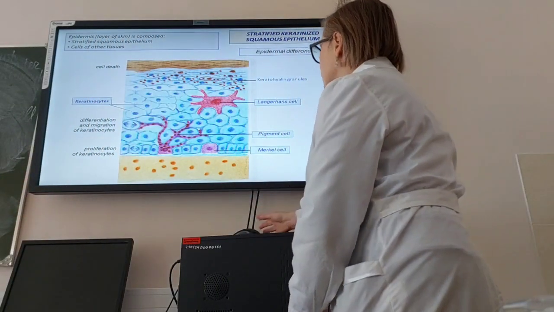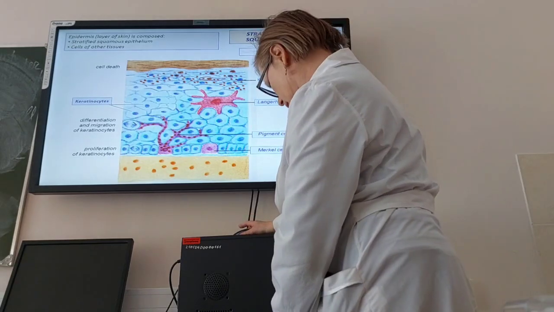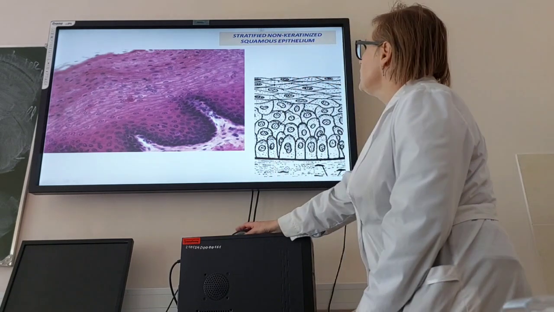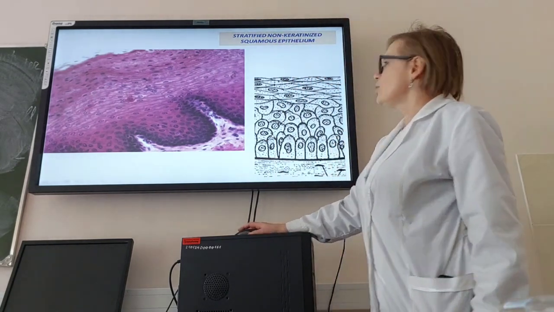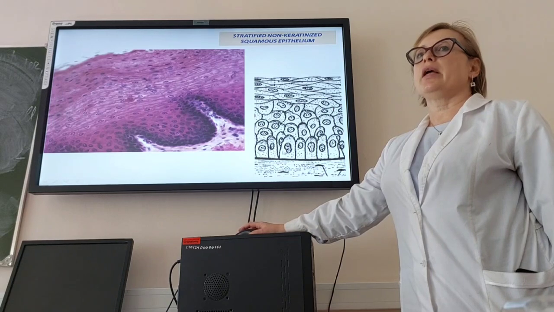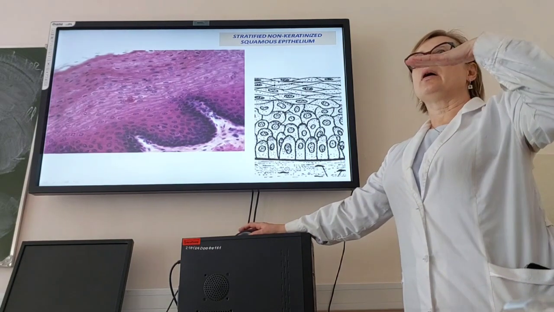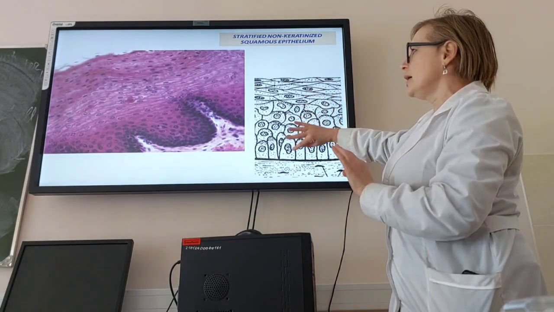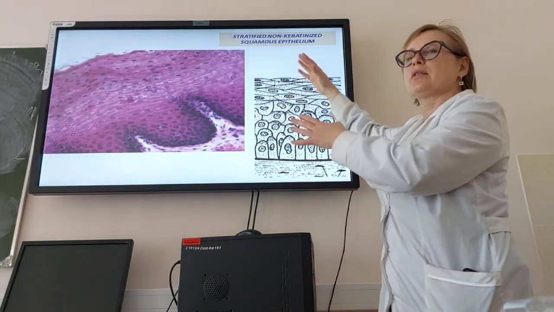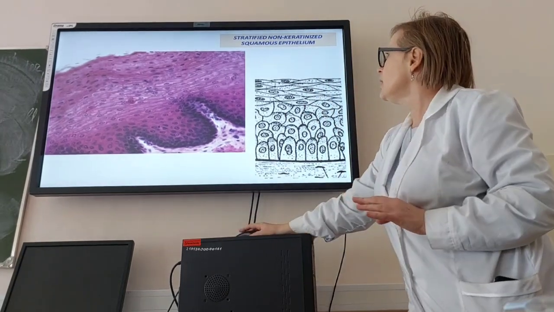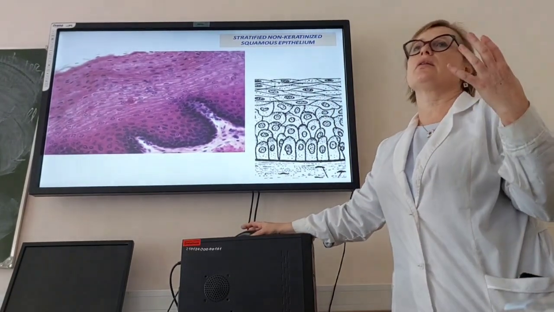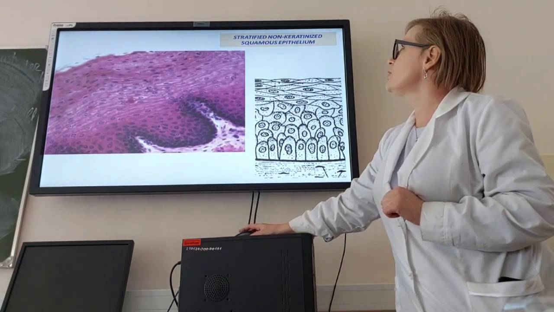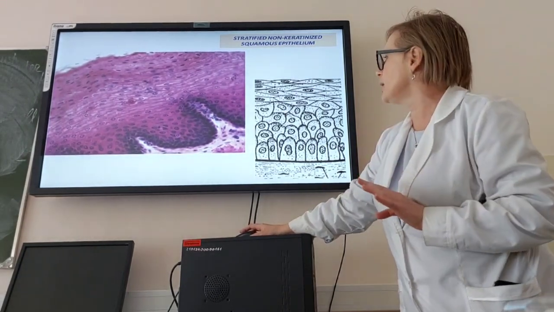Next type, epithelial. Stratified, non-keratinized. So it consists of 3 layers. There are no precise borders between layers. A layer transforms to the next layer gradually. So we identify layers in non-keratinized epithelium only approximately.